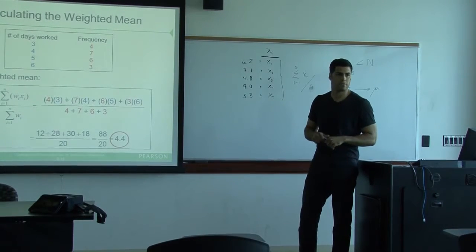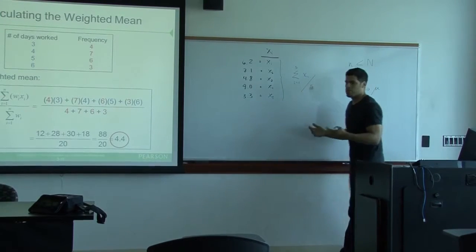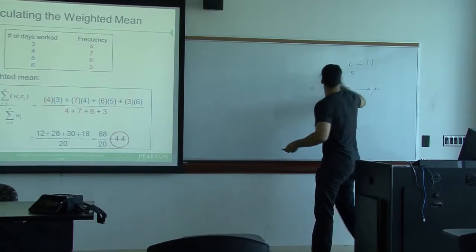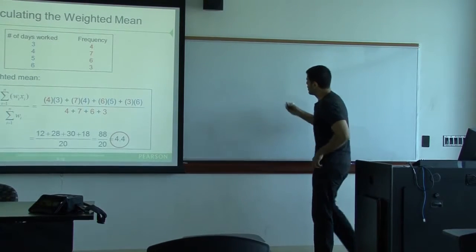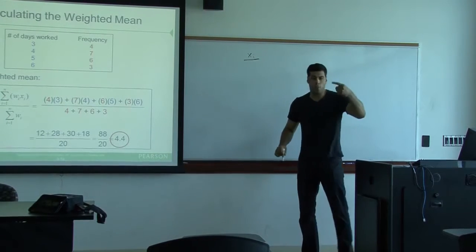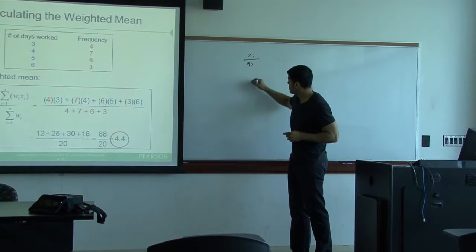Okay? Now, like I said, a better example is going to be some sort of grading system. So let's look at that. Let's say that these are your grades. X1 is going to be your homework grade, okay? That's X1, homework.